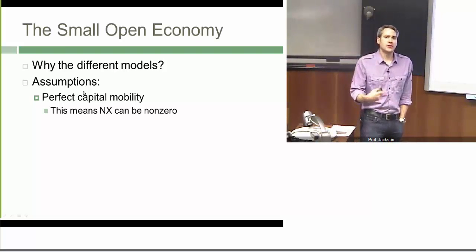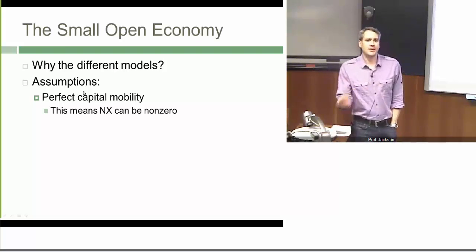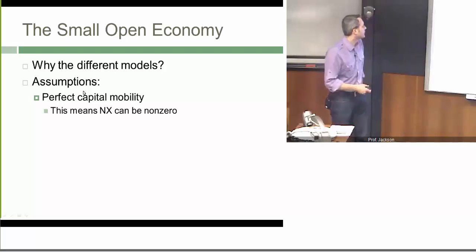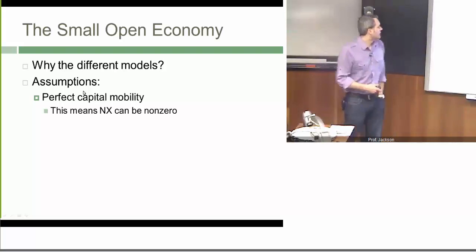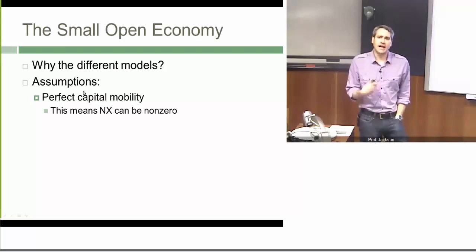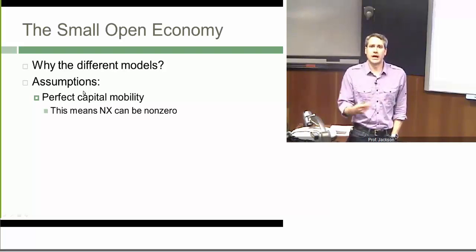And so the idea is very simply that the country is sort of a price taker in the sense that it doesn't have any ability to control these things because it is so small. And so by necessity, it has to have perfect capital mobility. And so, again, by definition, if we're assuming that an economy is open and they have perfect capital mobility, this means that we can have trade flows into and out of that country.